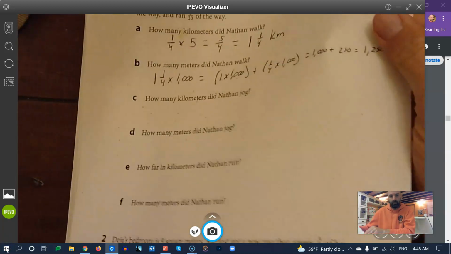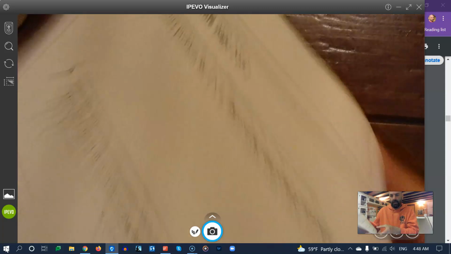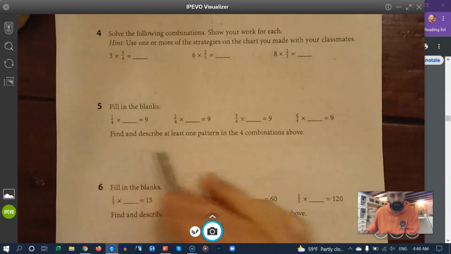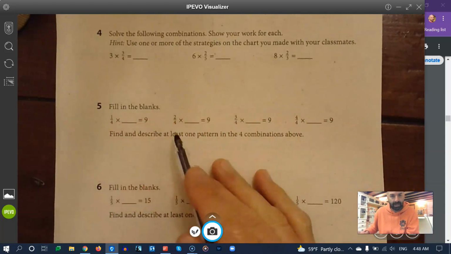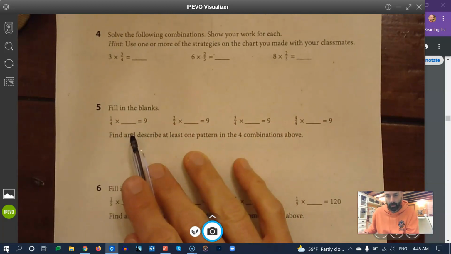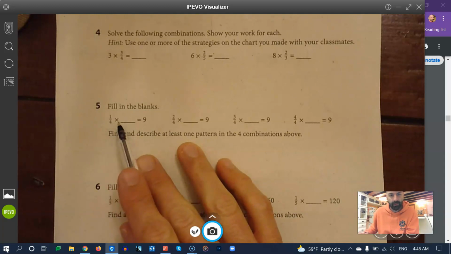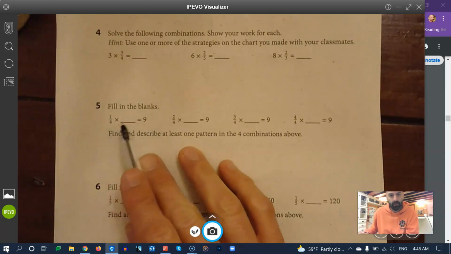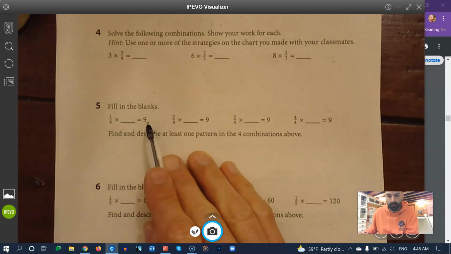All right, so before you do the rest of the sheet, it's front and back, I want to show you number 5 here. So number 5 is asking you to think a little backwards. So it's saying 1/4 times something is going to be 9. So 1/4 of this number is 9.